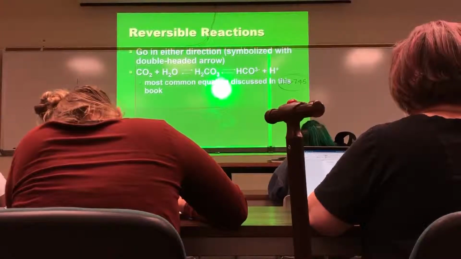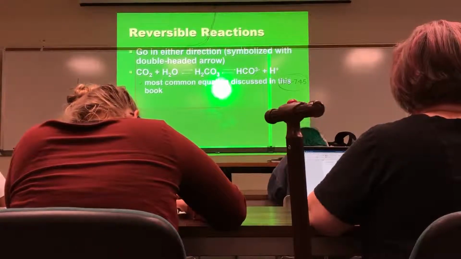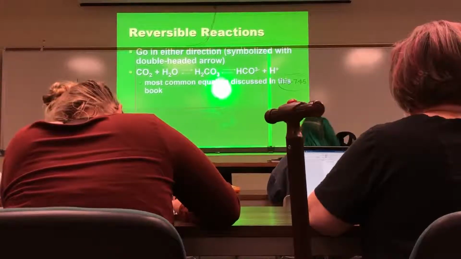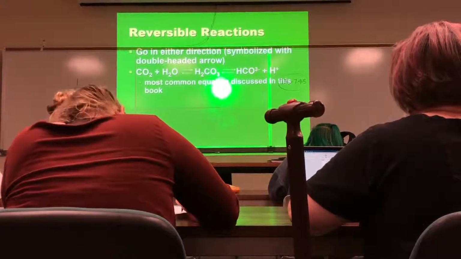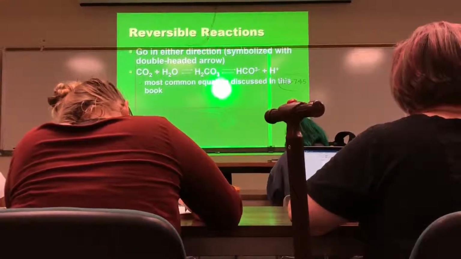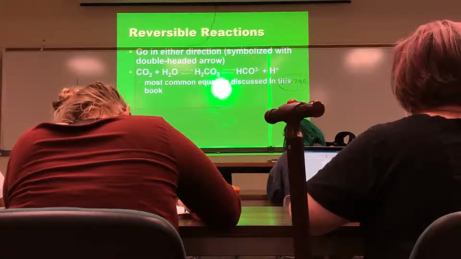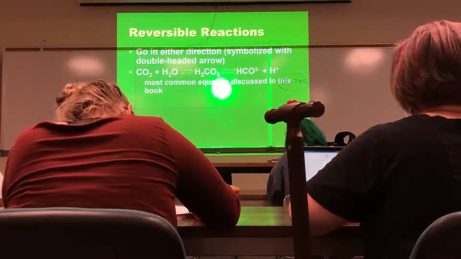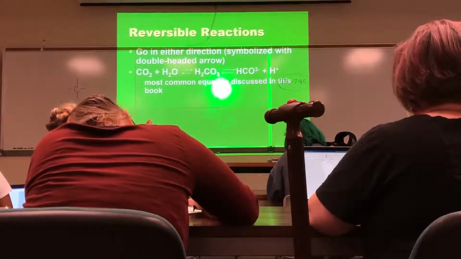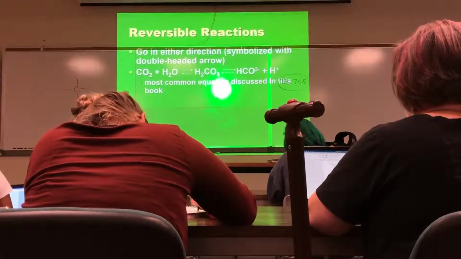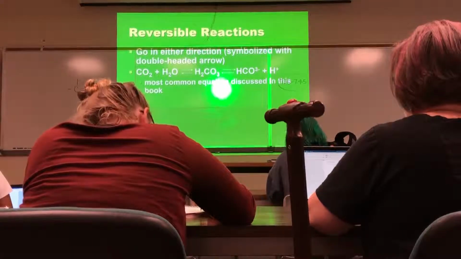So an exchange means we mix up the reactants to get different products. An exchange reaction says, if I am acidic and I want to become basic, or if I'm basic and I want to become acidic, I can go backwards and forwards. So that's pretty cool. We'll talk more about this next semester.